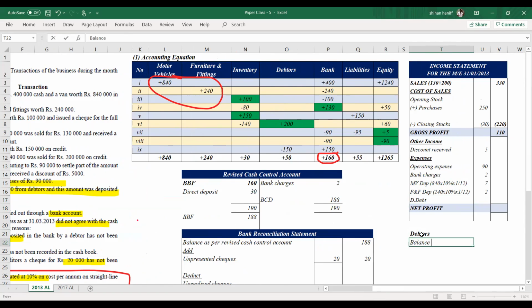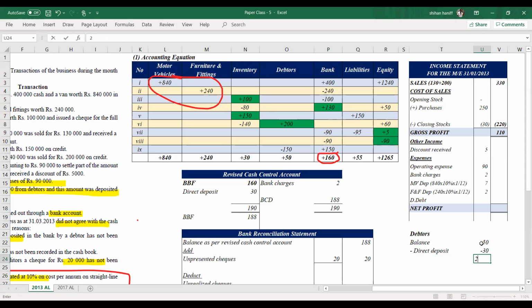There is a balance in the debtors account 50,000, and a direct deposit is given, which was not recorded in the accounting equation. 30,000.